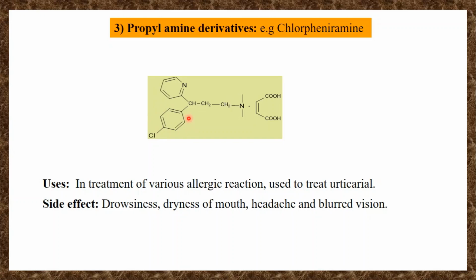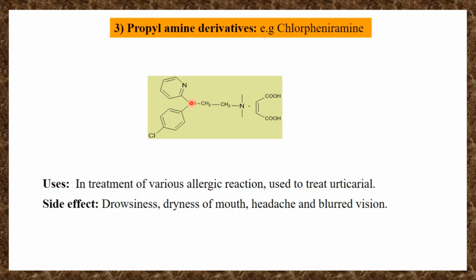So the potency of chlorpheniramine is increased 10-fold if you substitute the para position of this benzene ring with chlorine. It is optically active because this carbon is a chiral carbon.